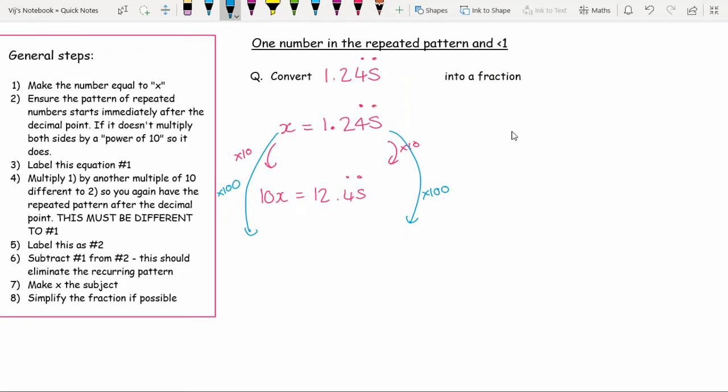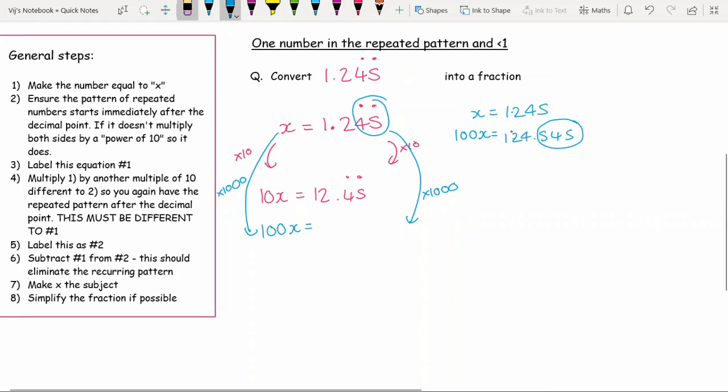Actually, for this we'll need to multiply by 1,000, because if I multiplied this by 100, moving it 2 places, I'd end up with 100x equals 124.5454... As you can see, this pattern is different to this one, so I need to make sure the patterns are the same.